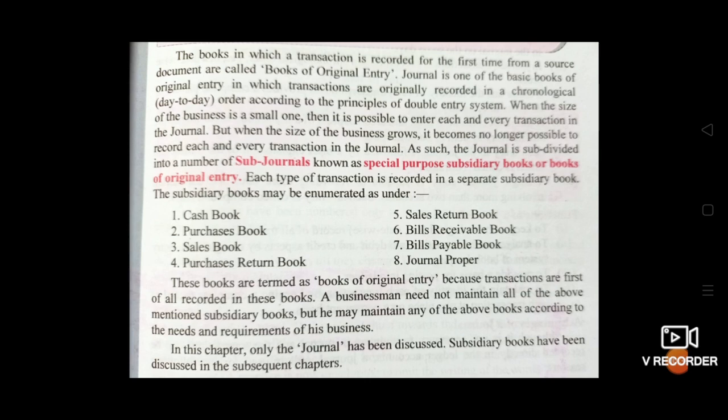The books in which the transactions are recorded for the first time are called books of original entry. When the business is small and has few transactions, the businessman maintains only a journal, which acts as the book of original entry, and all the transactions are recorded in the journal.